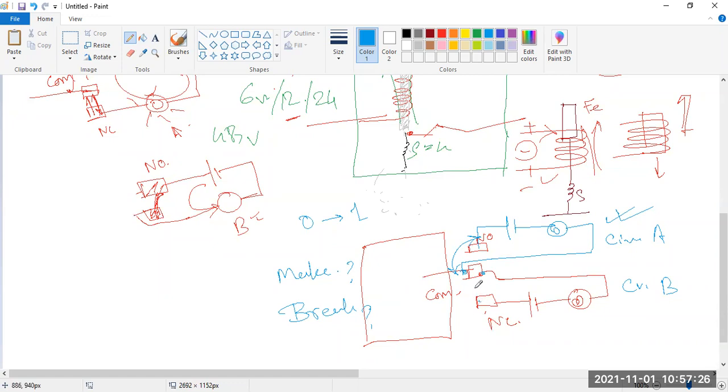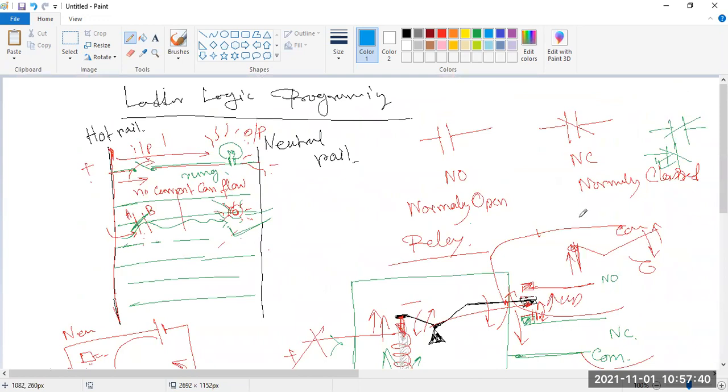It is always closed. So at normal time, when no current operates this relay, it is communicated and the other portion is non-communicated. So circuit B will glow. Okay, this is the normal concept of NO and NC, and this is the output. Output is generally given by a coil. Actually, the output is a coil.